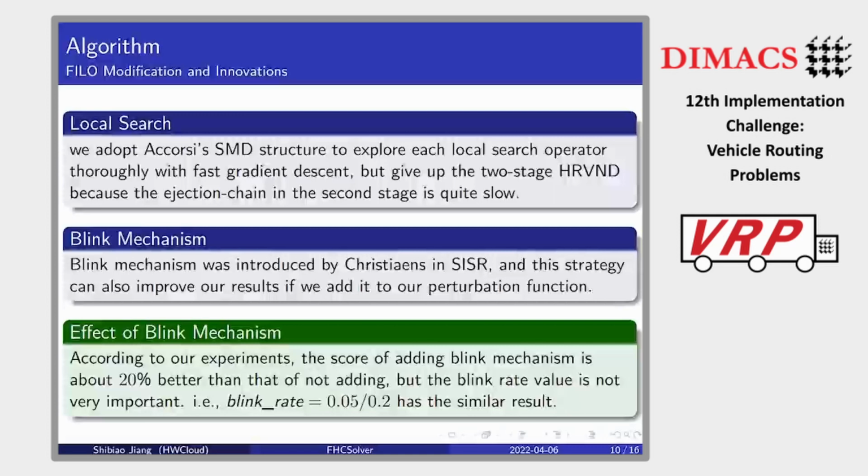The blink mechanism was used in SISR, and we found this strategy also has a good result in our experiment. According to our experiment, the score with the blink mechanism is about 20% better than without. But we also found that the blink rate value is not very important. That's to say, if we set the value to 0.05 or 0.2, we will have a similar result.